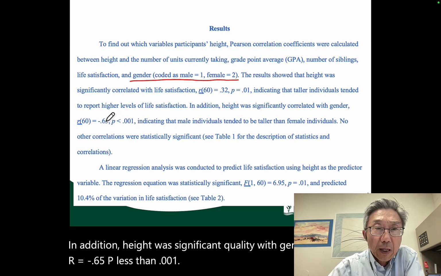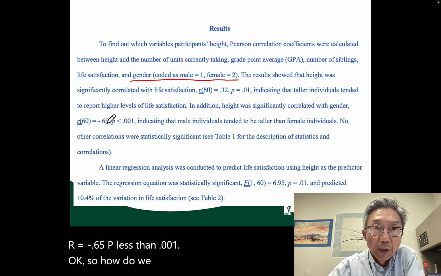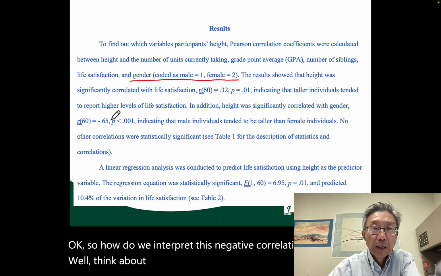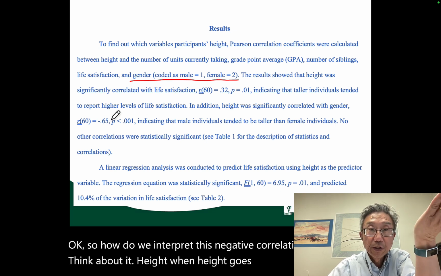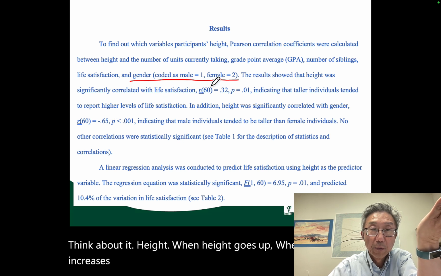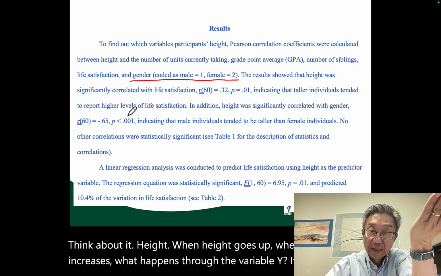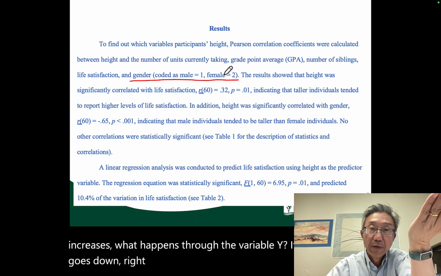Okay, so how do we interpret this negative correlation with gender? Well, think about it. When height increases, what happens to the variable gender? It goes down, right? So a high number means female, a lower number means male.